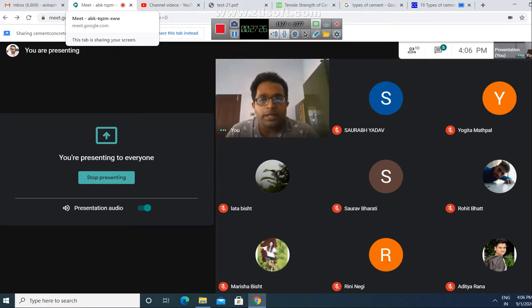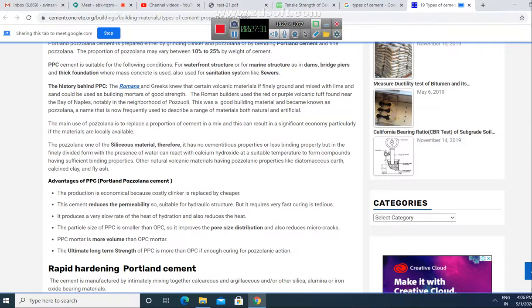If a PPC is used, this will reduce the permeability. So in case of hydraulic structures constructed near the coastal areas or within water, you can use this cement with greater advantage of reducing the permeability.